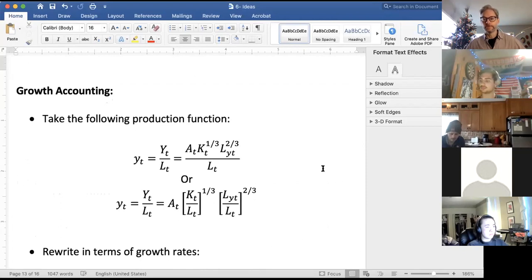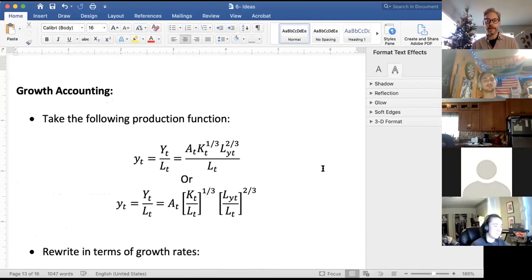Growth accounting is really thinking about, can we break down growth into its different components, right? Can we be clear empirically where growth comes from exactly? Okay. And so this is basically how you conduct growth accounting, or how economists conduct growth accounting.